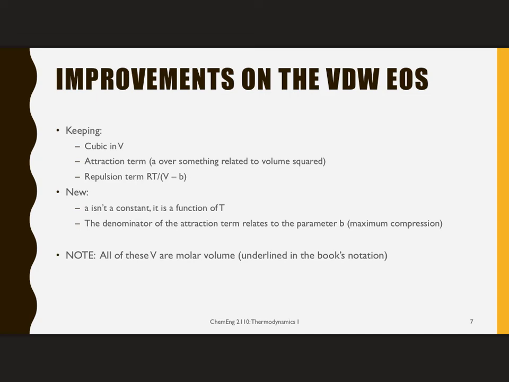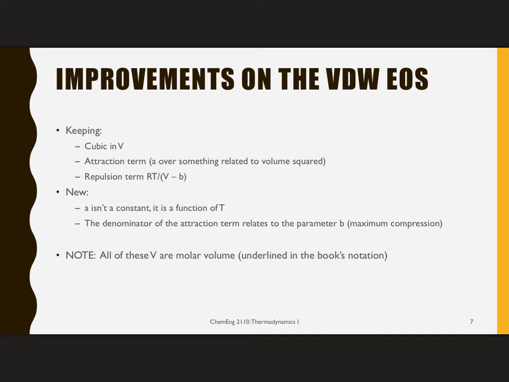That actually really does do a good job of describing what happens in nature, that includes both the liquid and the gas considerations. So we'd like to keep that cubic piece there. We'd also like to keep the attraction term, the A over V squared, something about that. And we'd like to keep the repulsion term, the RT over V minus B, the fact that they actually have size, okay?